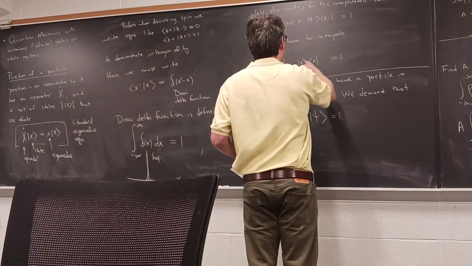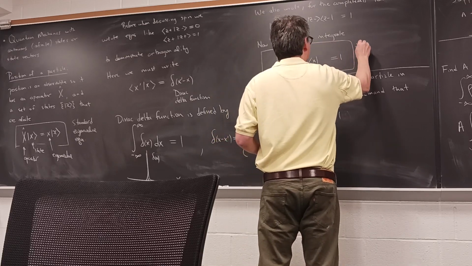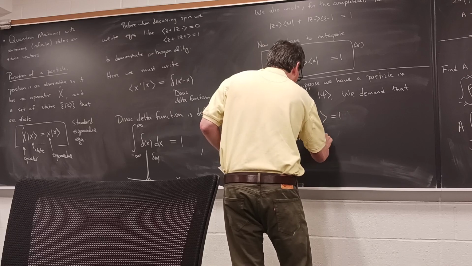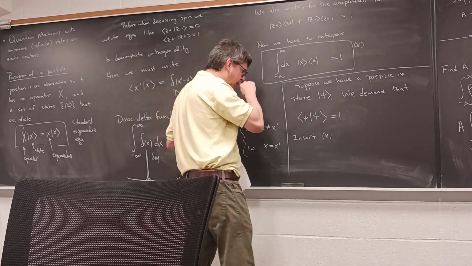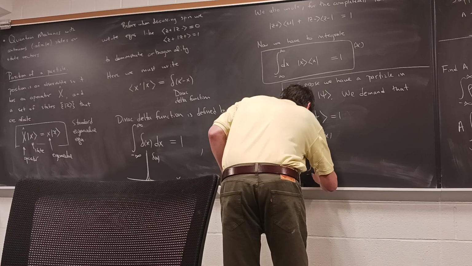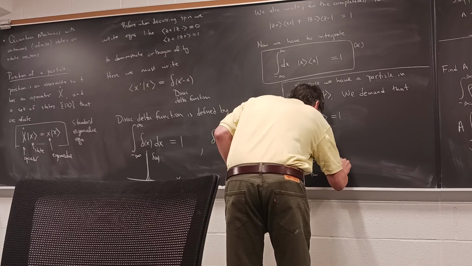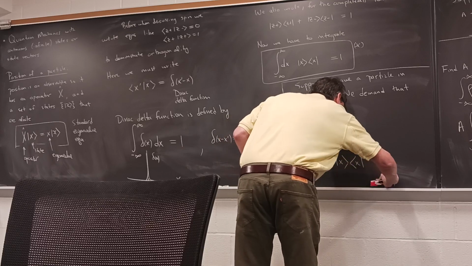Now let's use our completeness relation. So let's call this star. Let's insert star. So I'm just going to put it right in the middle. So that would be the integral over dx from minus infinity to infinity of psi, x, x, psi.